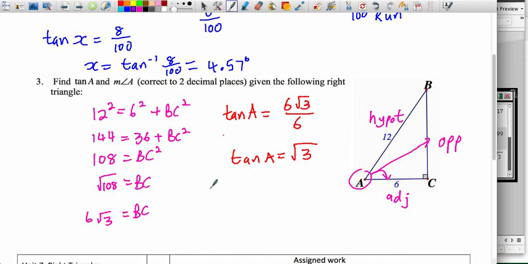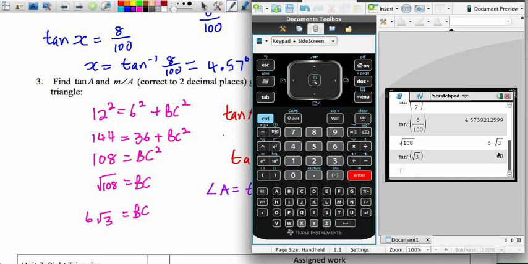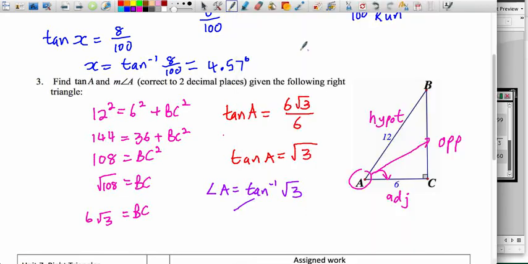Angle A is going to be arctan of root 3, and we can work that out on the calculator. Tan to the -1 of square root of 3, and that is of course 60 degrees. And so we have angle A equal to 60 degrees.